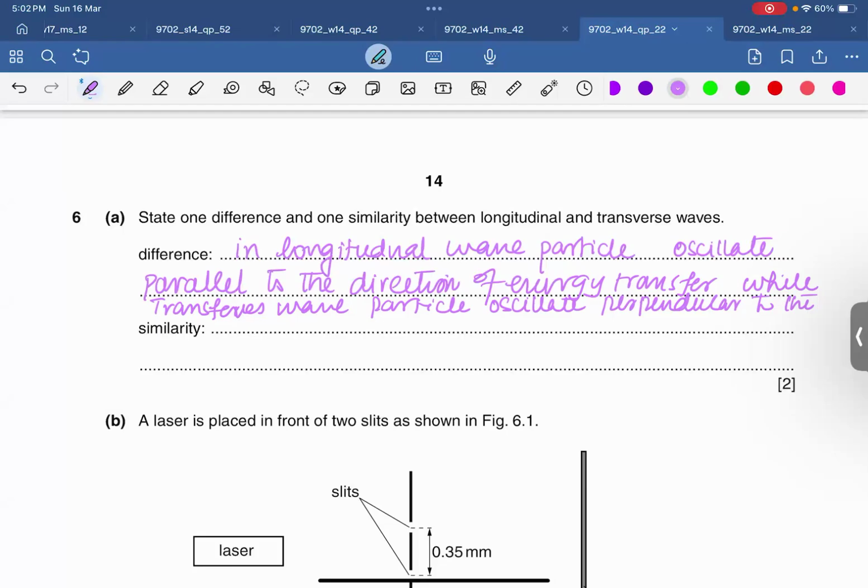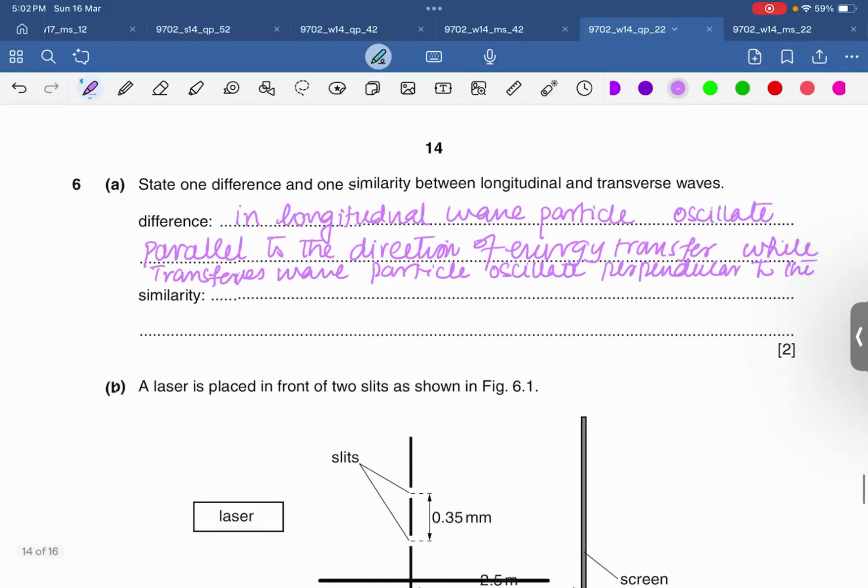Okay. And what about the similarity? Both transfer energy. Both transfer energy. Okay.